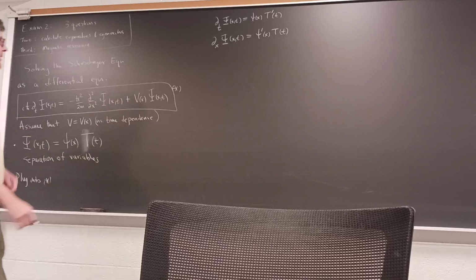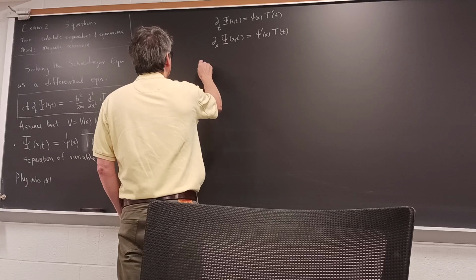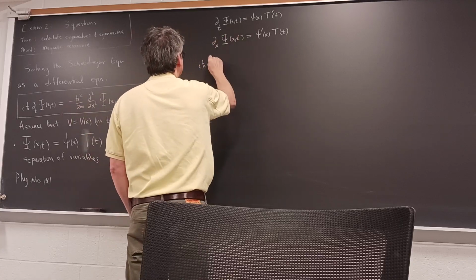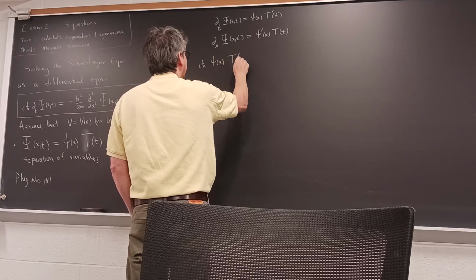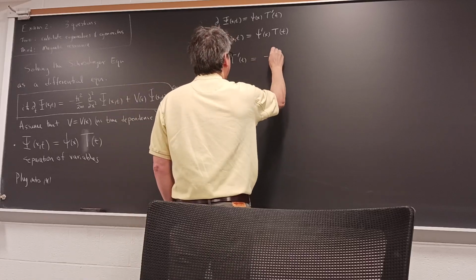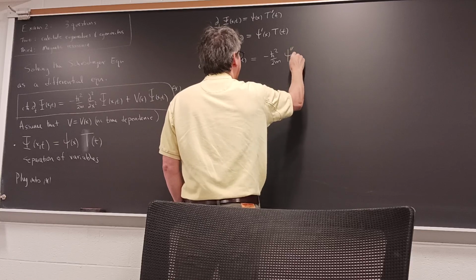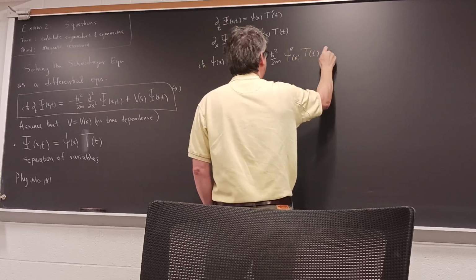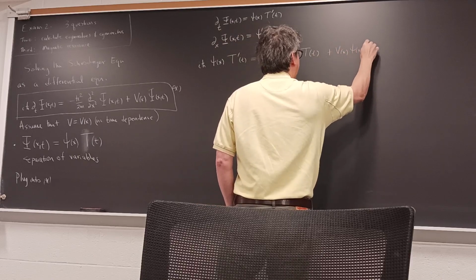Okay, so then the left-hand side, we can write i h bar, and we have a time derivative. So this is psi of x times capital T prime of t, equal to minus h bar squared over 2m, and then we'll have little psi double prime times T of t, plus v times psi of x and T of t.